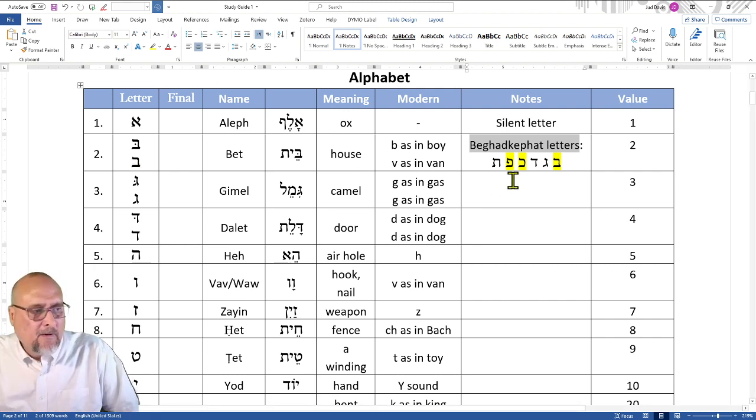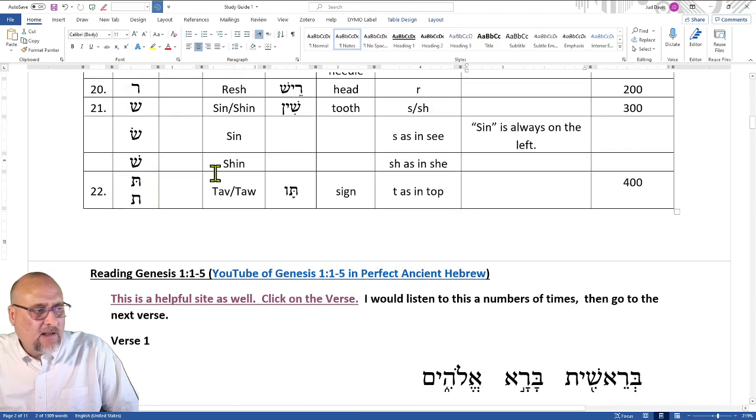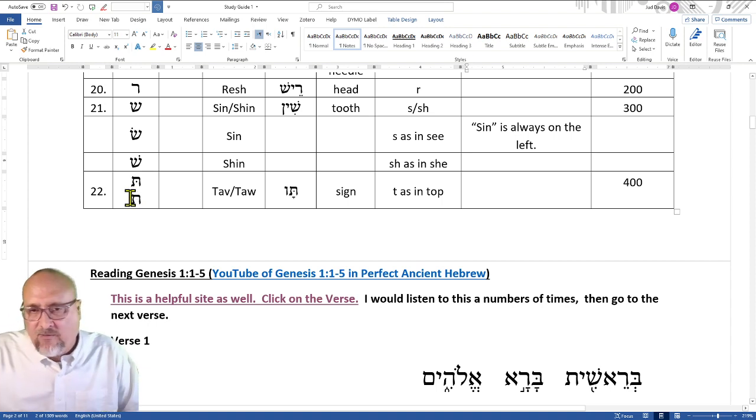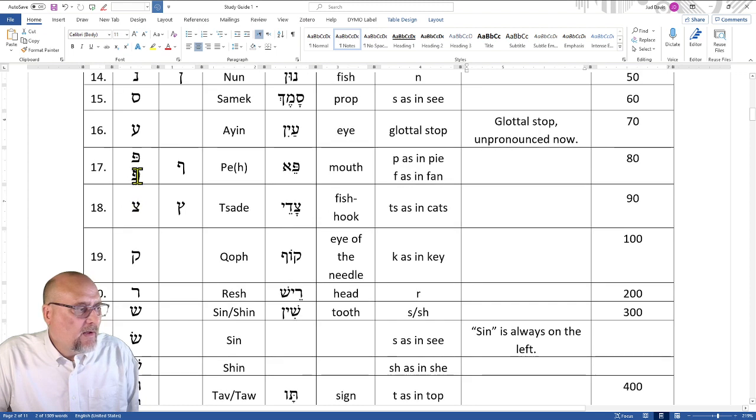So in antiquity, you would have a Tav, and if it had the dot, it's the T. In antiquity, if it didn't have the dot, it was the TH. In antiquity, Pei, if it had the dot, it didn't have the H. If it didn't have the dot, it had the H, so it was PH.